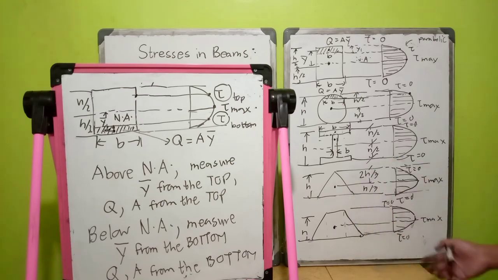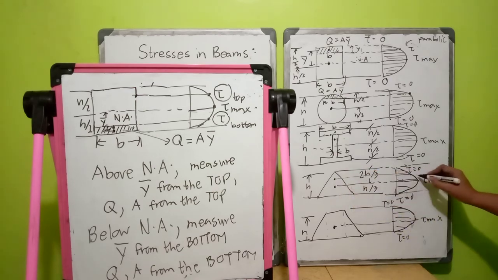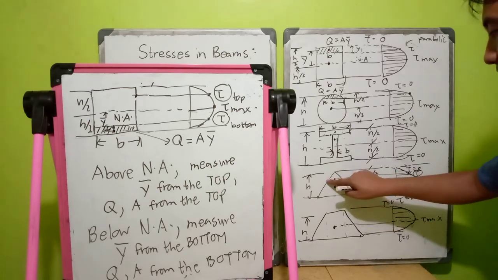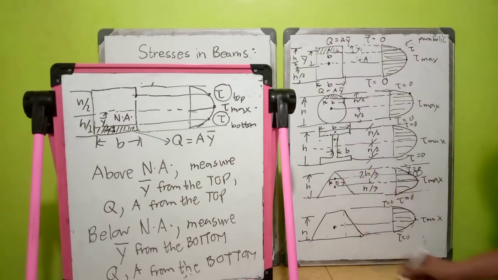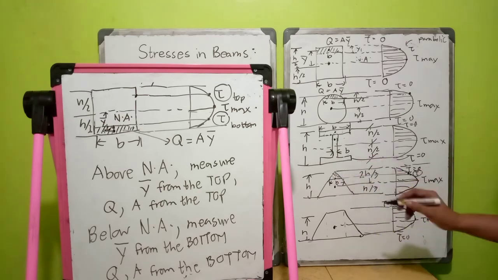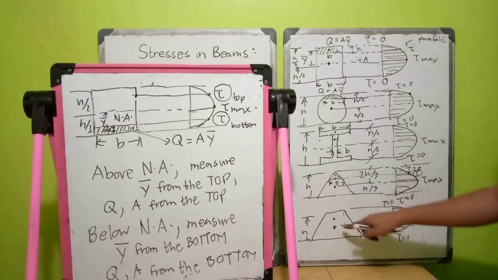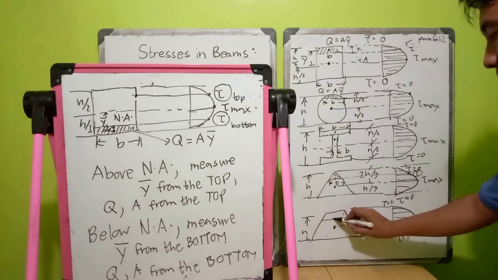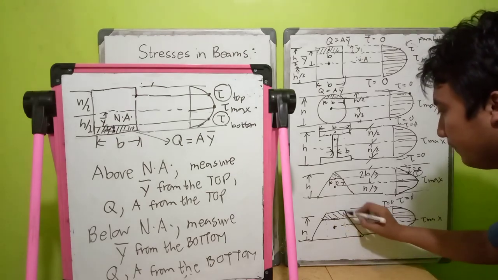So also for your triangle, your B will vary. If you want to know the shear stress at this point, the measurement of your B is this. This will be your B. Of course, and also for your trapezoid, if we say that you want to know the shear stress at this point, your Q will be here.